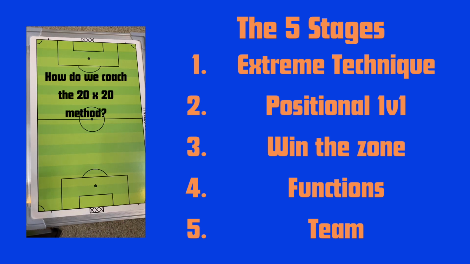And within that, we'd be looking at decision making around, do I go alone or do I combine? We'd be looking at trying to create 2v1s and the principles around that, which I'll go into when we go into the examples of each of these.